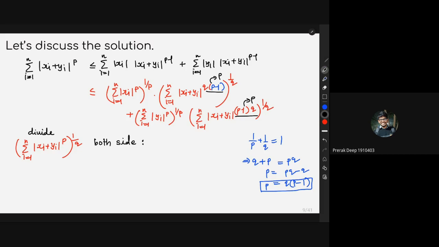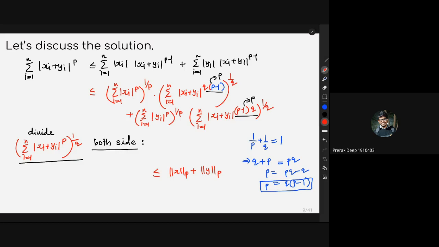As you can clearly see, if you divide this part on both sides, on the left hand side what is left is just the pth norm of x plus the pth norm of y, correct?